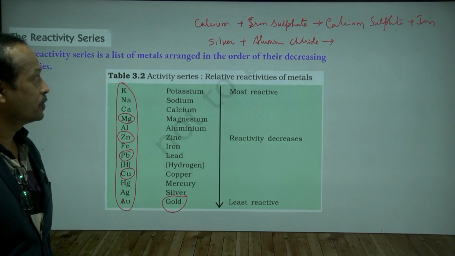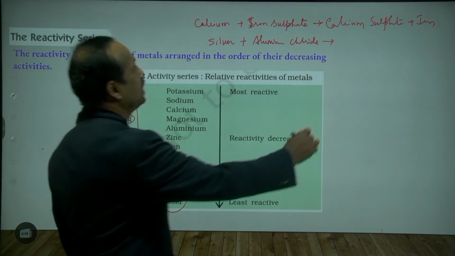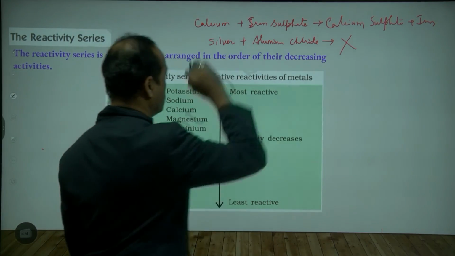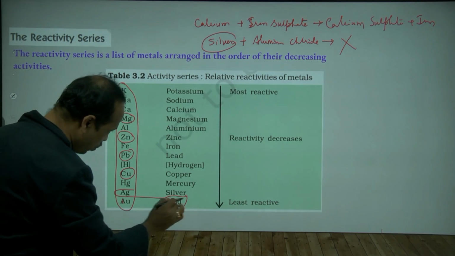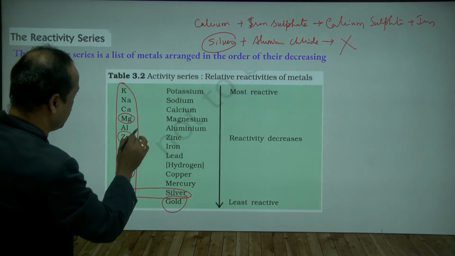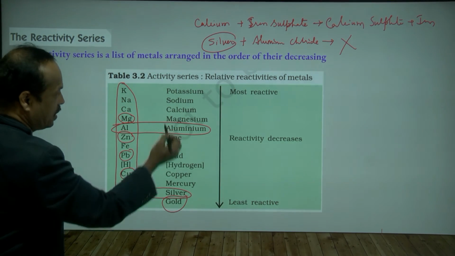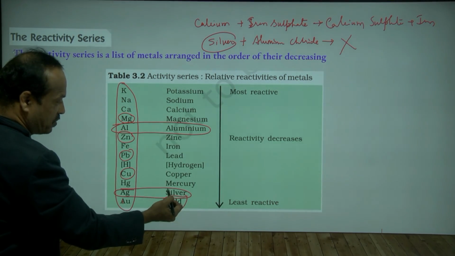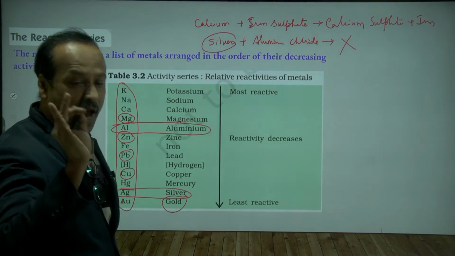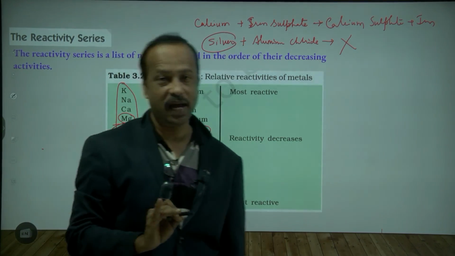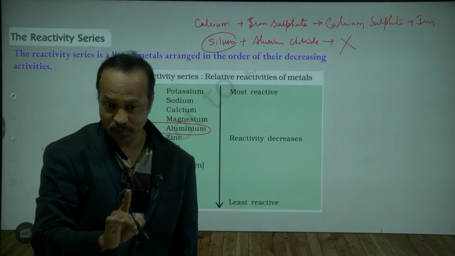Because silver is less reactive than aluminium. So here the reaction will not take place. Silver is down in the series and aluminium is above the silver. So aluminium is more reactive than silver, or silver is less reactive than aluminium. Being less reactive, silver does not displace aluminium. Is this clear to you?